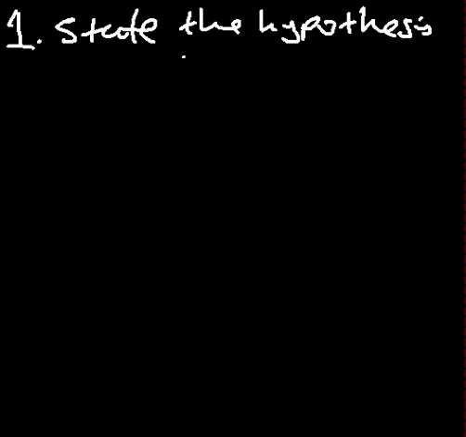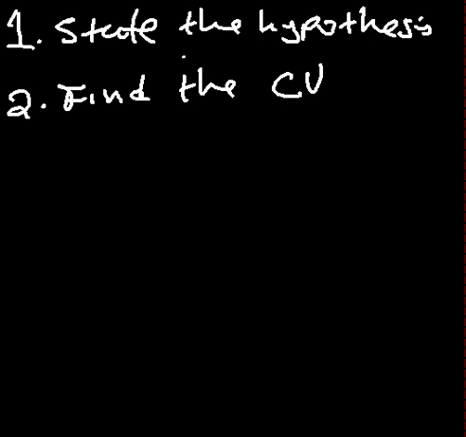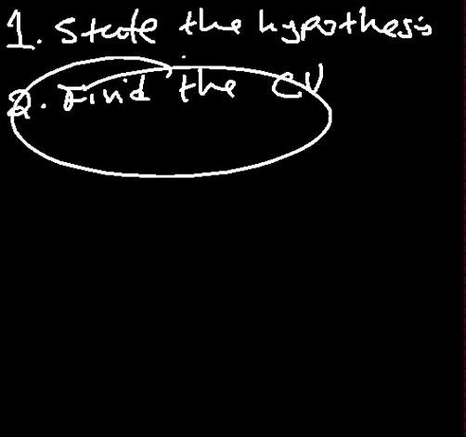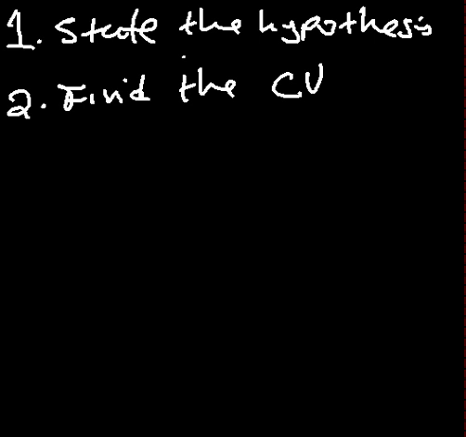And then the next step is to find the critical value. And how do you find the critical value? We're going to understand how the critical value is obtained, but just have to know that.